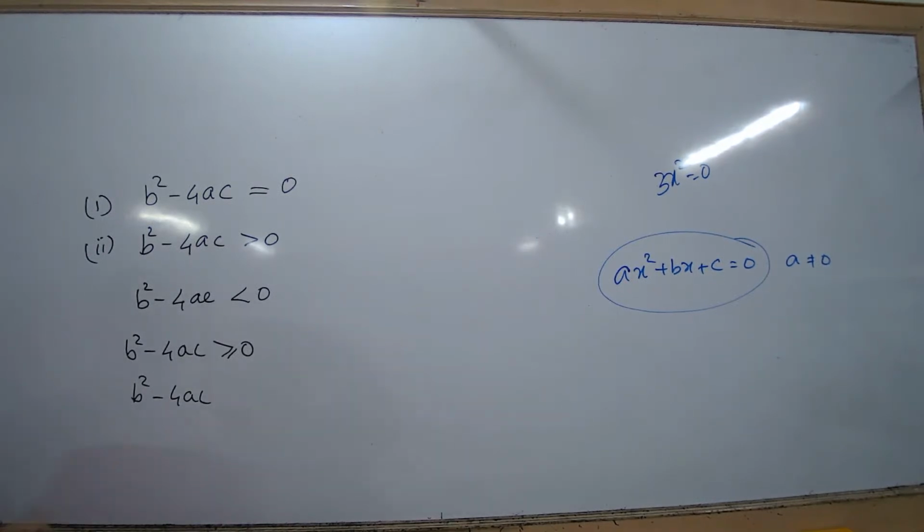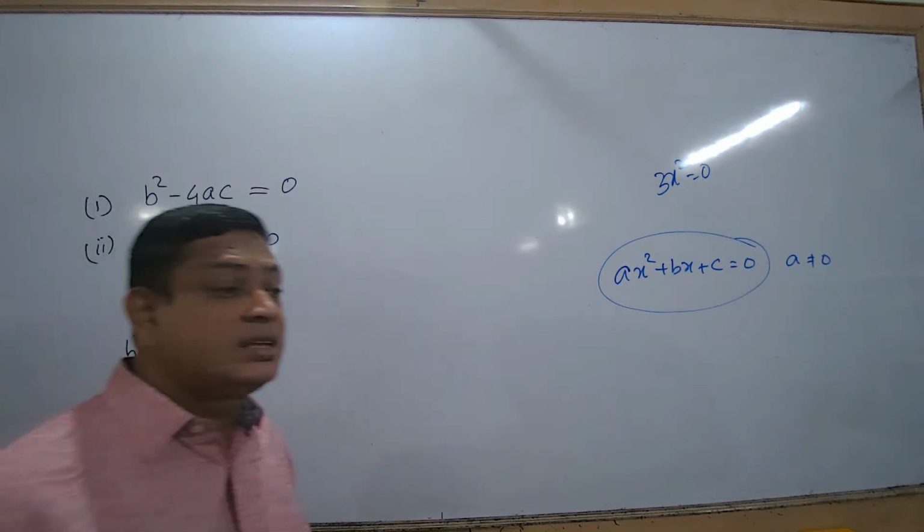And if b square minus 4ac is not a perfect square, the roots are irrational.